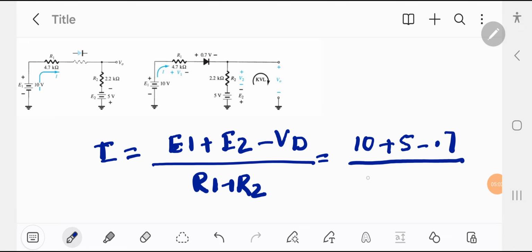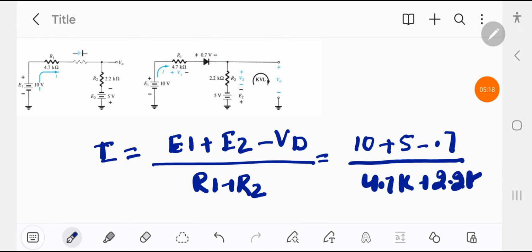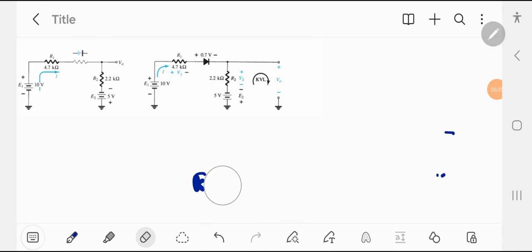Now the resistance across R1 is 4.7 K and R2 is 2.2 K. Now what will happen when we solve this?